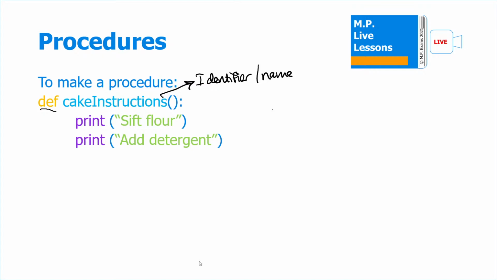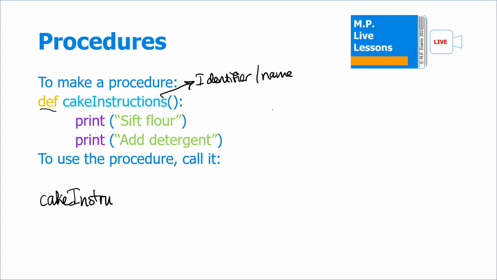Now the computer actually knows what we mean by the subroutine, but we haven't actually called it out yet. To call it out, what we'll need to do is to write the subroutine itself, cake instructions, and then the two brackets.